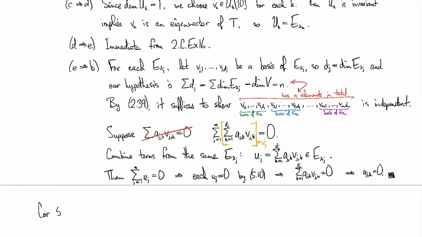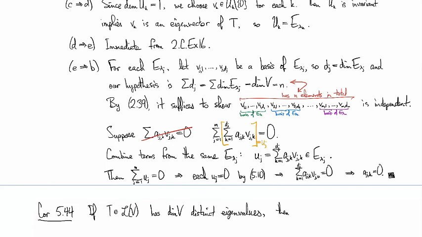And we have a brief corollary. This is listed as 5.44 in the text. And that is that if we've got an operator and it has dim V distinct eigenvalues, so it has as many distinct eigenvalues as the dimension of the vector space V, then T is diagonalizable.